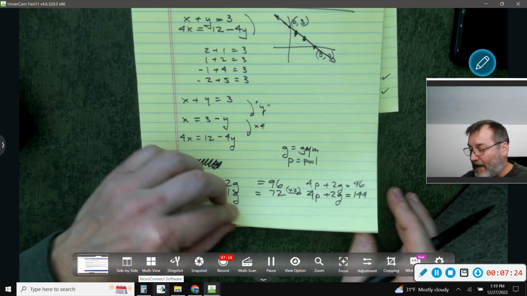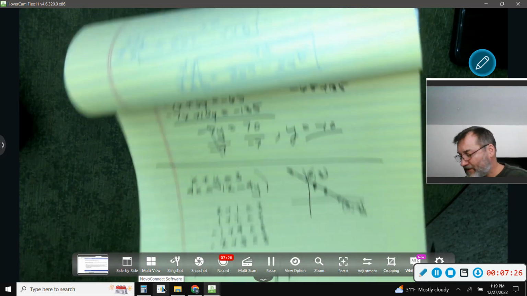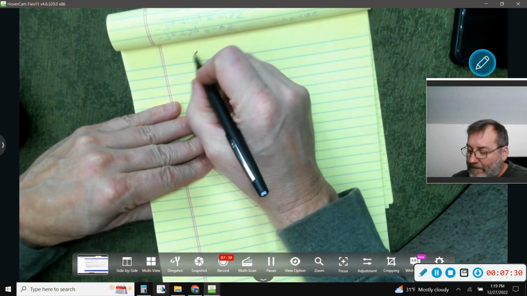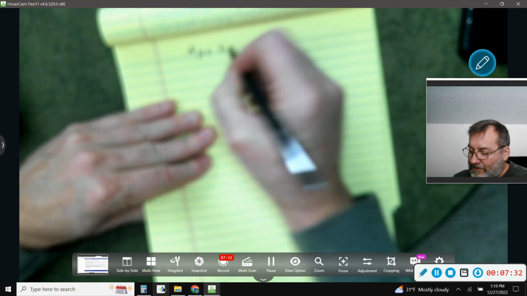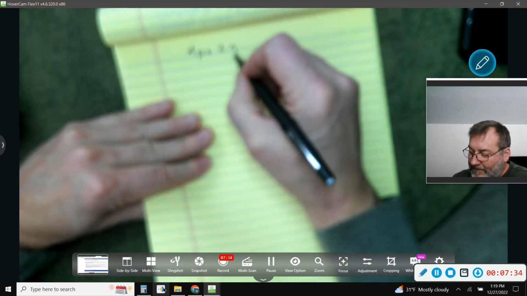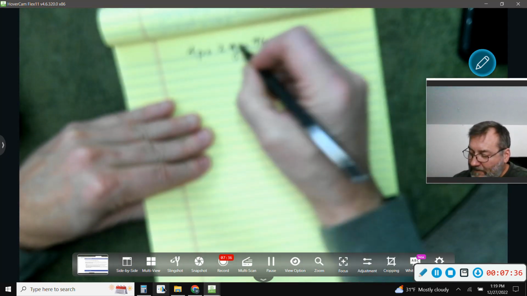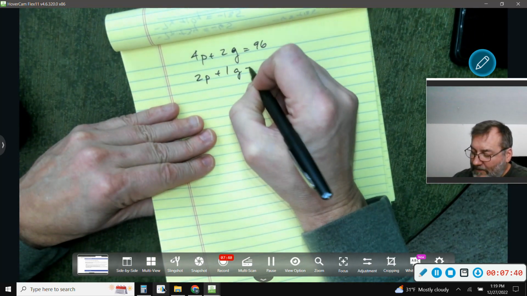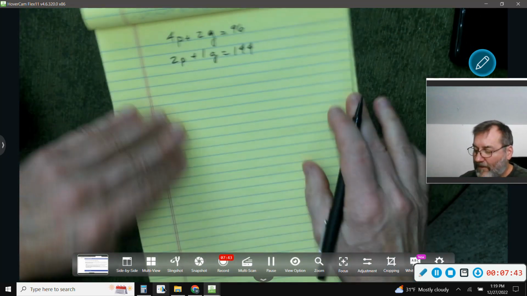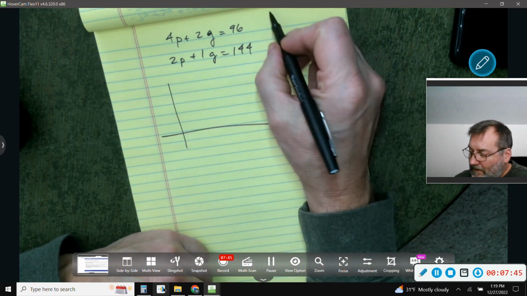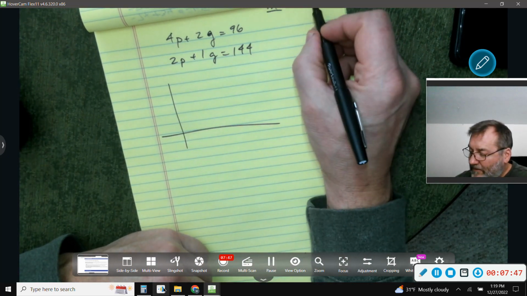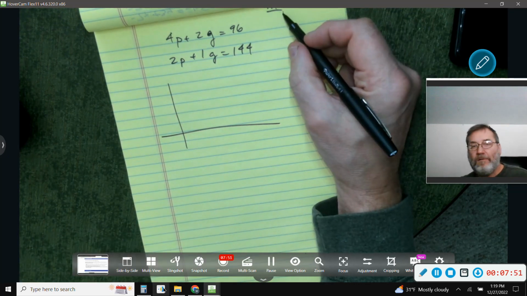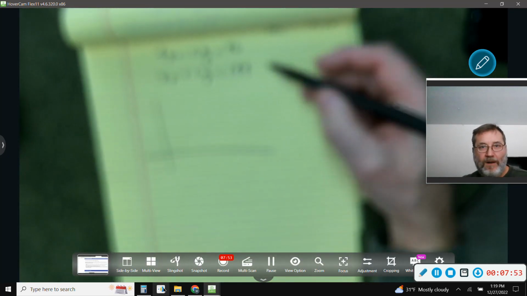What does this look like? Let's look at these two equations. Your first equation was 4p plus 2g equals 96. What's your other one? 2p plus 1g equals 144. Let's do our old thing here and find the slope and the y-intercept.